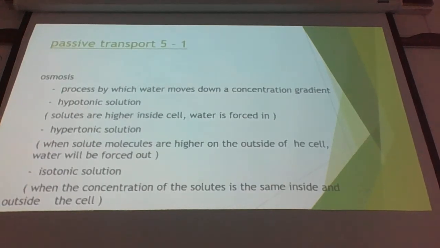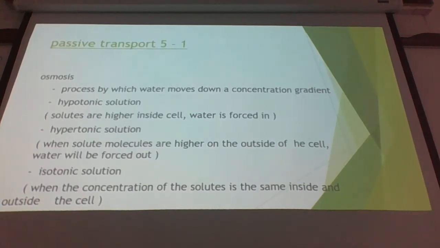Then the next type of movement, which is going to be that of water, the process of osmosis, is very similar to diffusion in that it's a net movement of water down a concentration gradient. There again, that will continue until you have an isotonic solution, where it will be the same inside and outside of the cell.